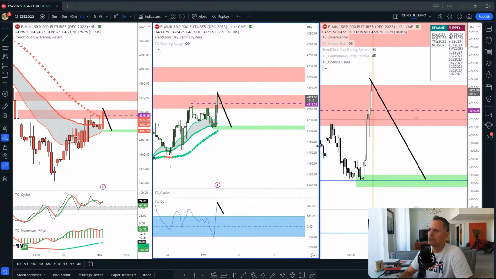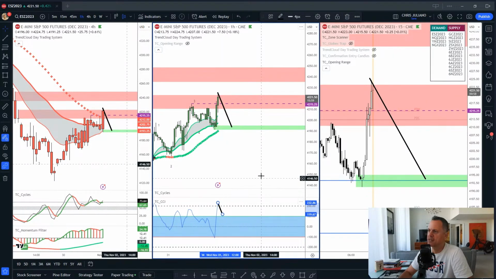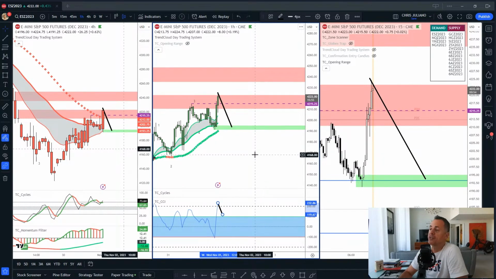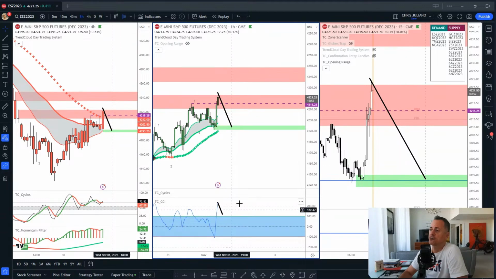Okay? We want CCI to look like this. We don't want this. We don't want to break below negative 100. Okay? We want that shallow pullback on our CCI, and hopefully it stays above positive 100, right?